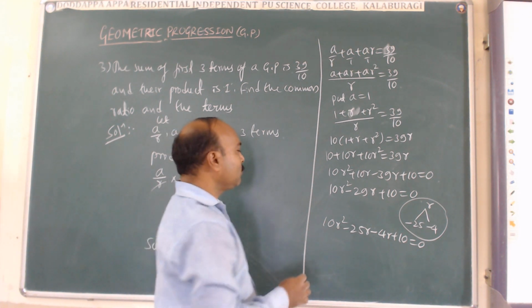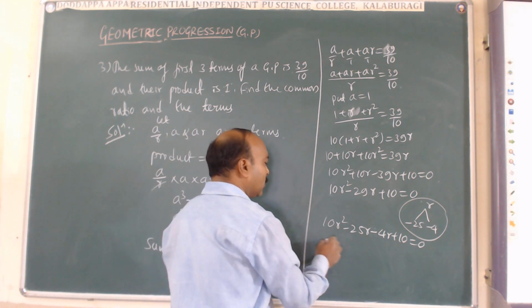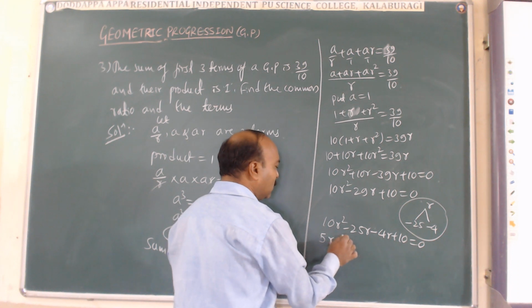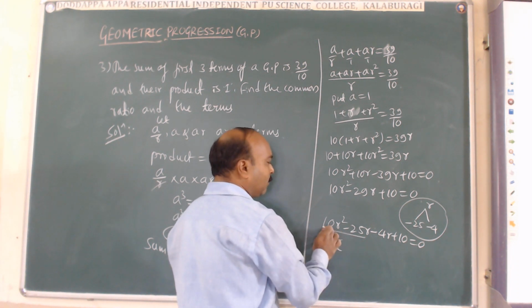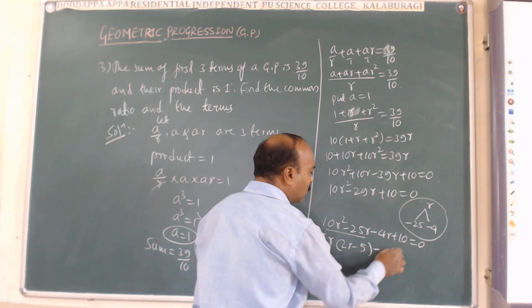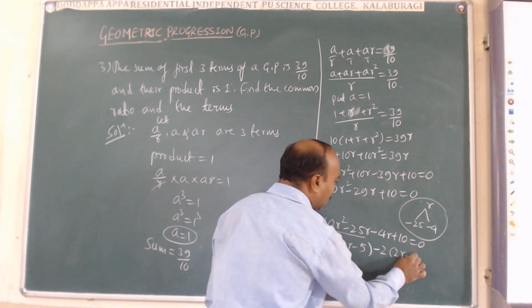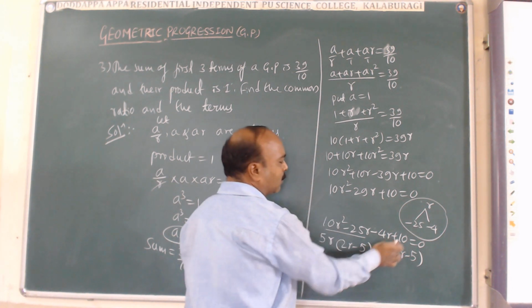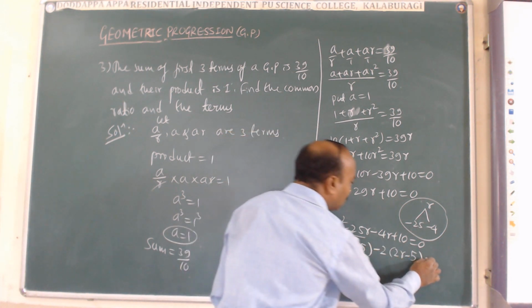Now what is common here? 5r is common in these two. If you take common you get 2r minus 5. Here in these two 2 is common, again you get 2r minus 5. If you take minus 2 outside it becomes minus, equal to 0.